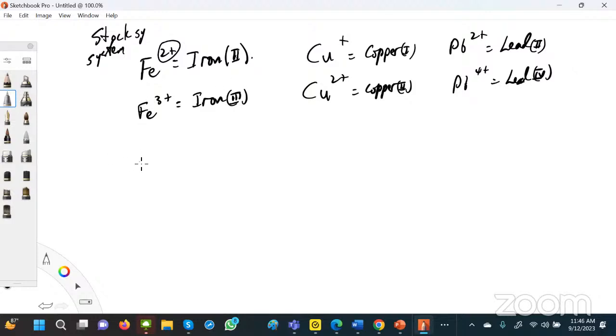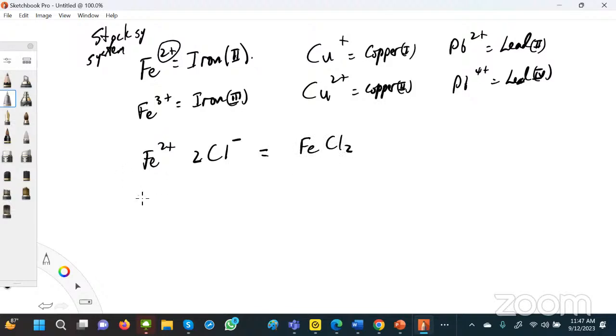I think this is an example that we discussed in the videos. If you look at the compound formed between Fe2+ and the chloride ion, and go through the rules that we mentioned before, in order for the charges to cancel out, we're going to need 2 of these here. So the final answer becomes FeCl2.